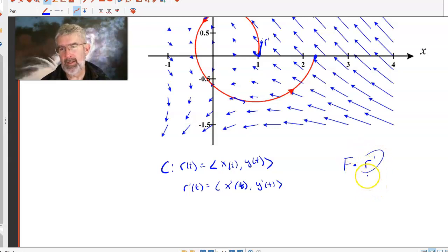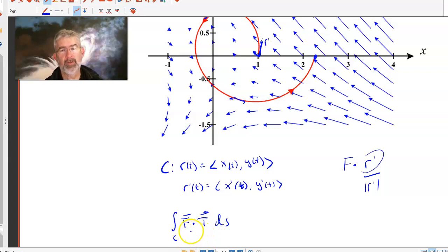If I divide this by the length of r prime, then I would have the force dotted with a unit vector in that direction, and I would be getting precisely the component of F in the direction of that unit tangent vector. So the line integral we're going to set up is the line integral over the curve of the force dotted with the unit tangent vector, ds.